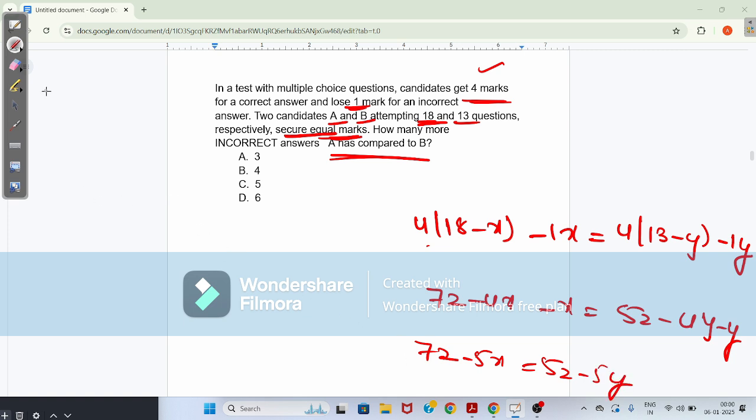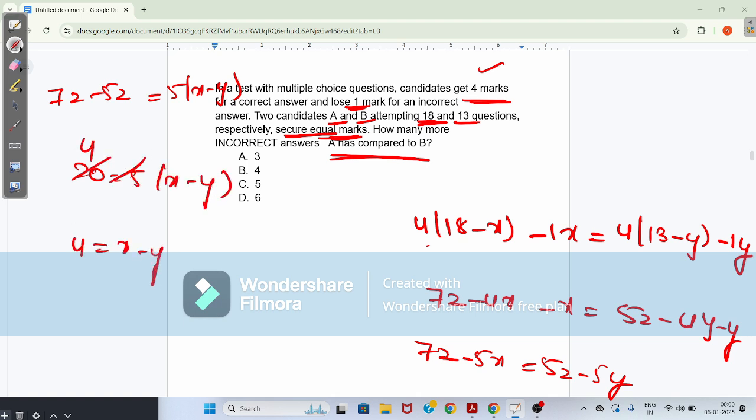So 72 minus 52 equals 5 into x minus y. When you calculate this value, 20 equals 5 into x minus y. So 4 equals x minus y, which is the correct answer here.